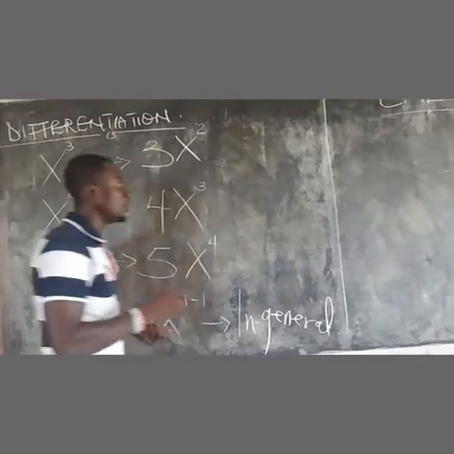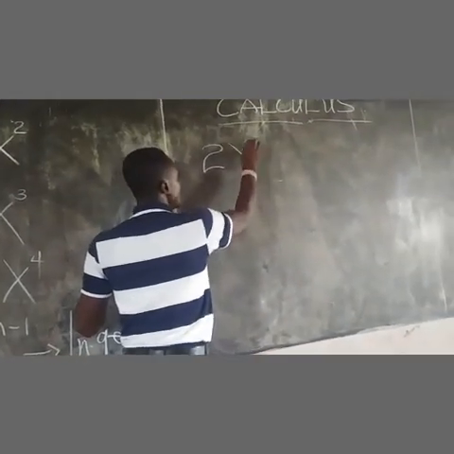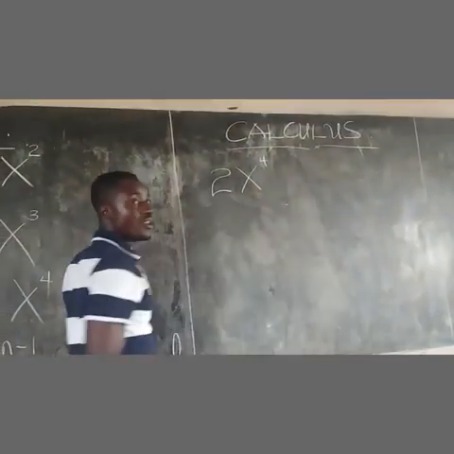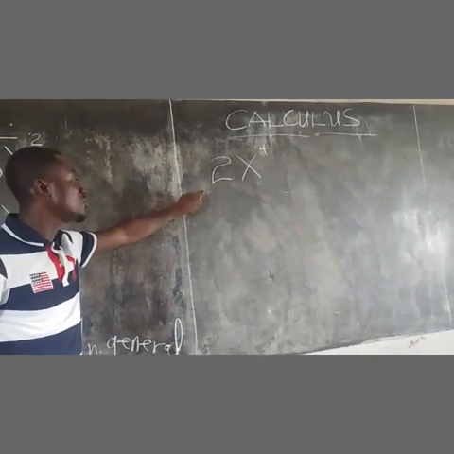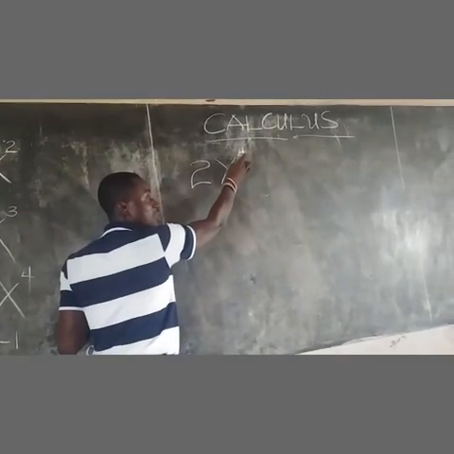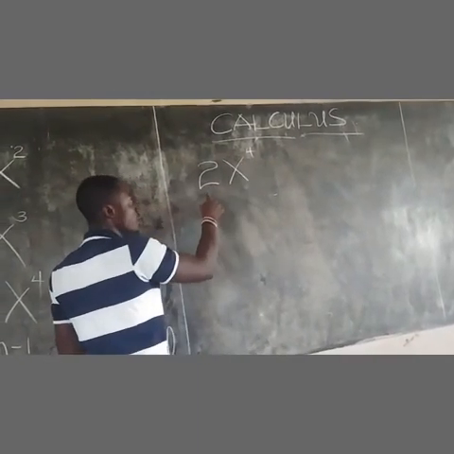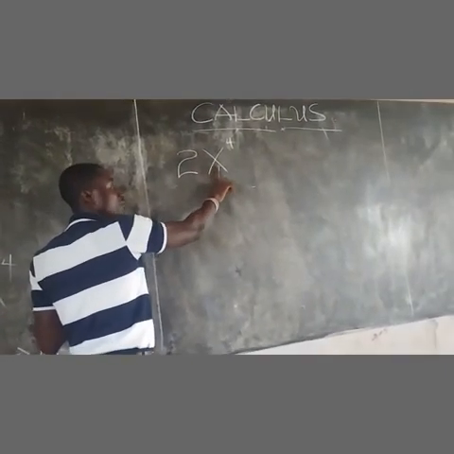Let's look at this example. If you have 2x exponent 4 and you have been asked to differentiate this, as I said, multiply the exponent, that is 4, by the 2, whatever value is in front of the variable.